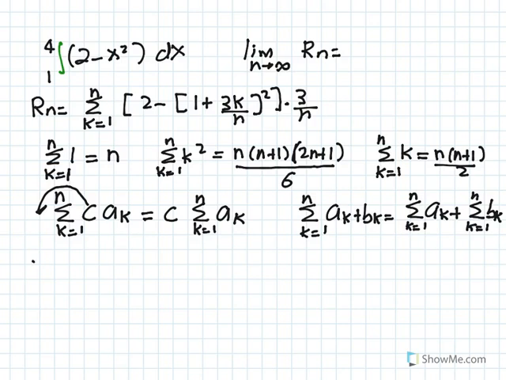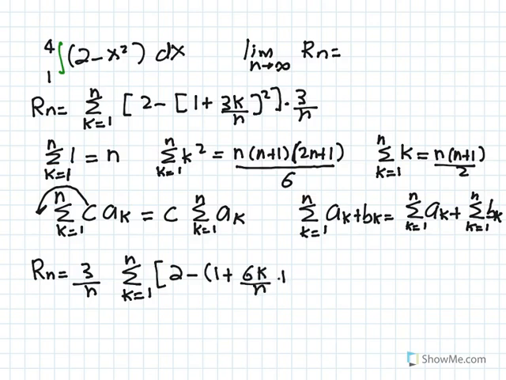All right, so the Rn that we have here is 3 over n times the summation, k goes from 1 to n, of 2 minus 1 plus 6k over n plus 9k squared over n squared.